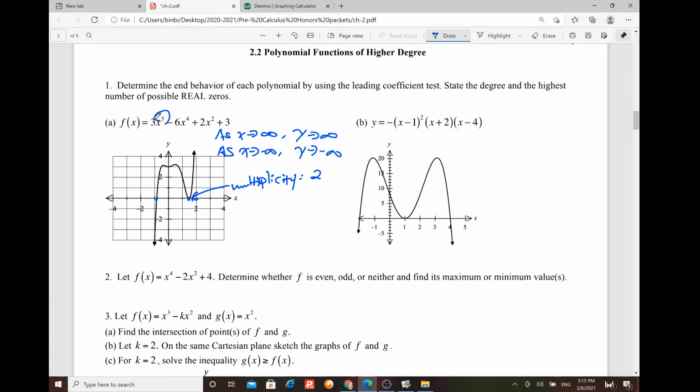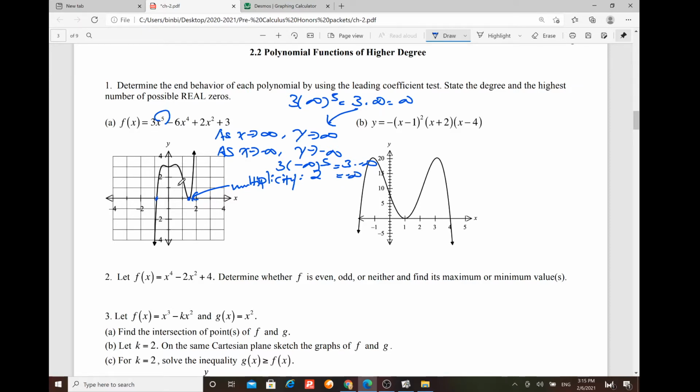Another way you can test that is by using the highest degree term, 3x to the power 5. You plug in infinity for x, so we get 3 times infinity to the 5th power, which is 3 times infinity, so that would be infinity. Then plug in -infinity: 3 times -infinity to the power 5, so 3 times -infinity, which would be -infinity.